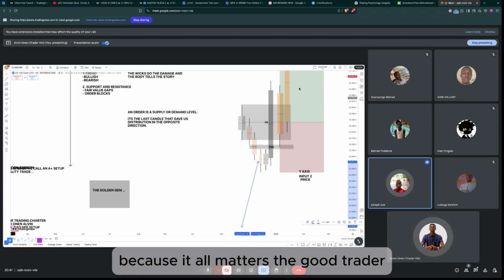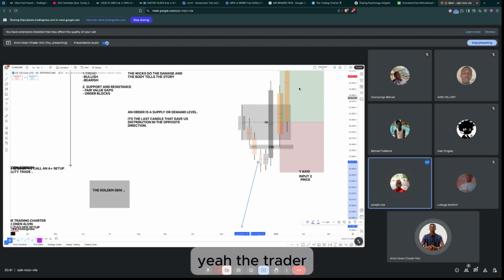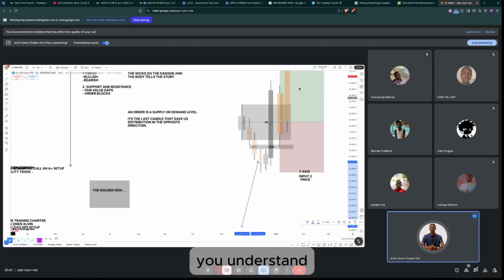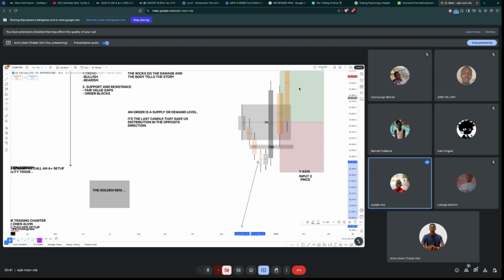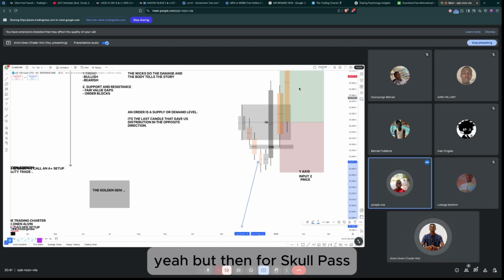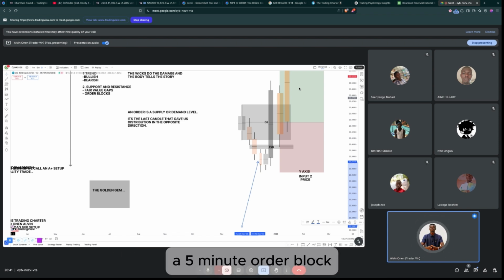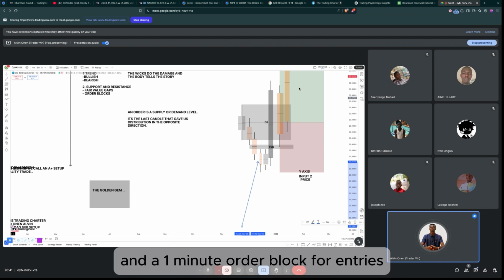Because it all matters. A day trader, you want to look at 1 hour order blocks and 15-minute order blocks. You understand? Yeah, but for scalpers, you want to look at a 15-minute order block, a 5-minute order block, and a 1-minute order block for entries.